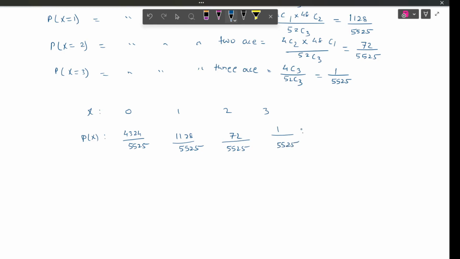Okay, so if you add all the probabilities, you will get 1. Always remember, total probability is 1.